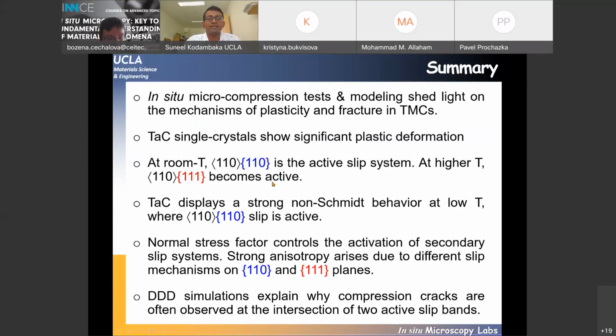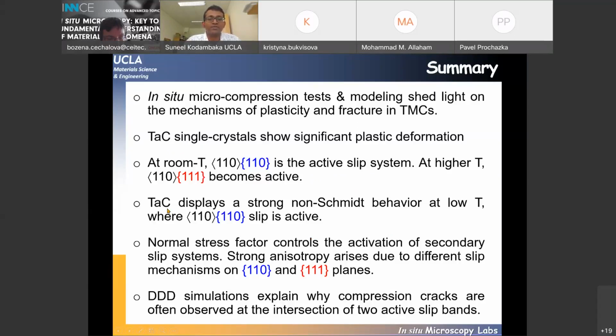And we observed quite surprising results: the conventionally accepted active slip system is not always active, and it depends on the material. Even within group 4 and 5 crystals, group 5 crystals behave slightly differently compared to group 4 crystals.